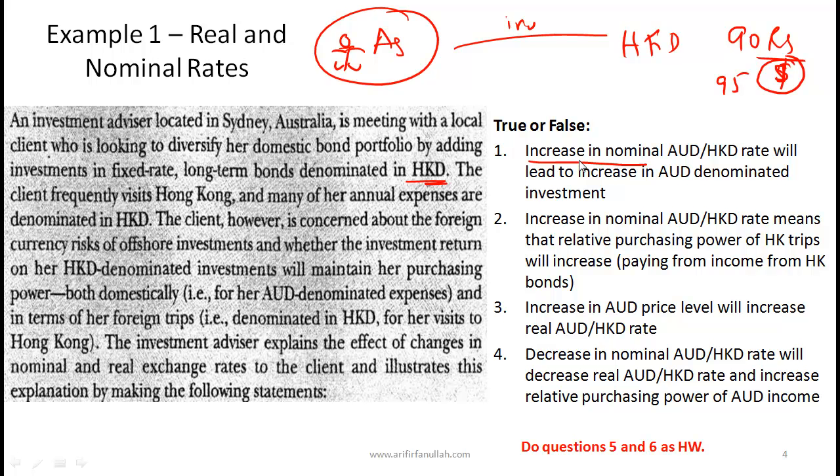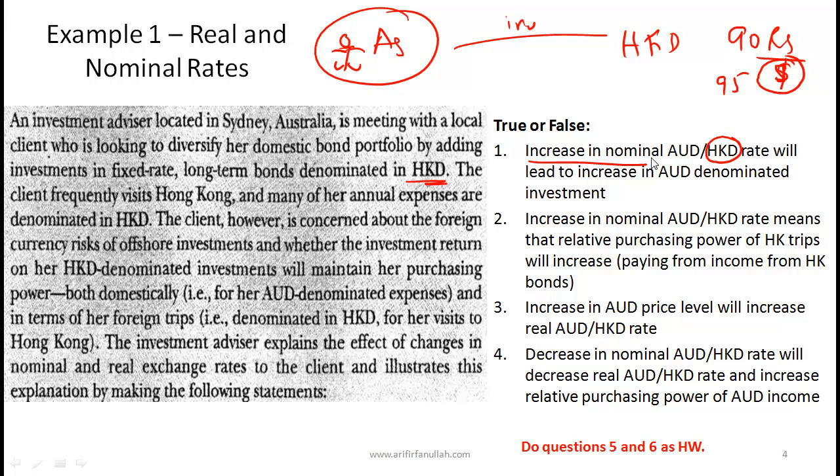Now, if the nominal rate increases, which currency should strengthen: the one in the denominator, which is the base, or the numerator? The denominator. So exactly, if there is an increase in the nominal rate, that means the Hong Kong dollar has strengthened.